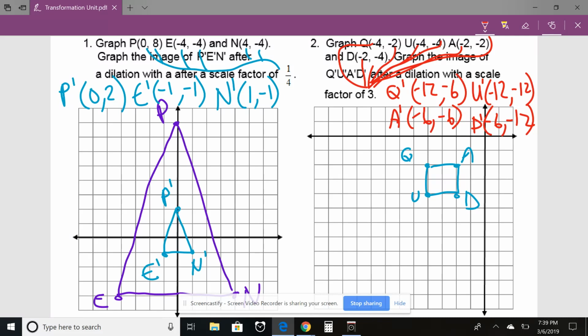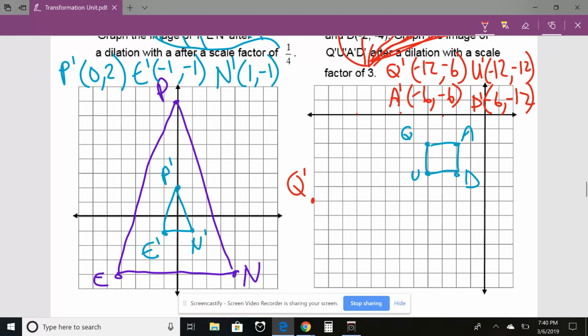All right, so let's graph this. (-12, -6) is left 12, down 6. So there's my Q prime. U prime is (-12, -12).